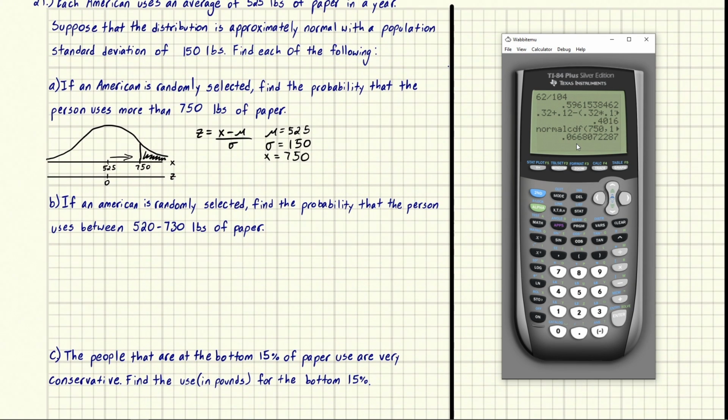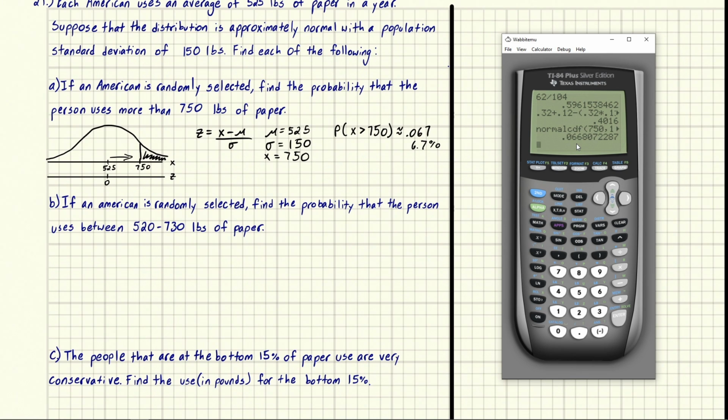Formally, we would say the probability that x is greater than 750, because we wanted it bigger than that, is equal to 0.067, and I'm going to replace this with approximately, just to be super precise, approximately 6.7%. And that would be our answer.